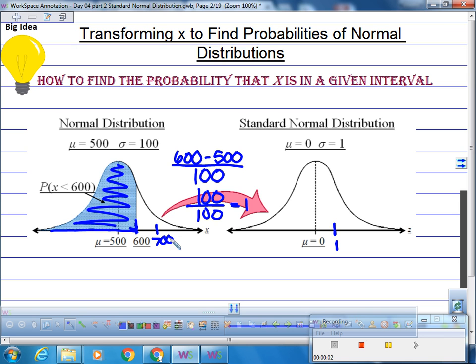Yeah, no, that's why we're using z-scores, because you don't always have perfect numbers like this. If it lands on something that's perfectly on the standard deviations, we can use our normal curve that we already know.